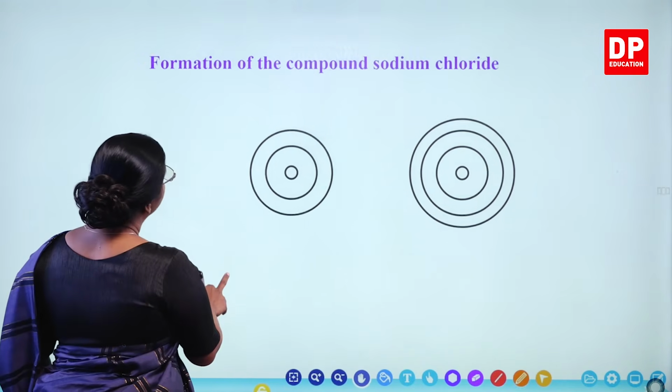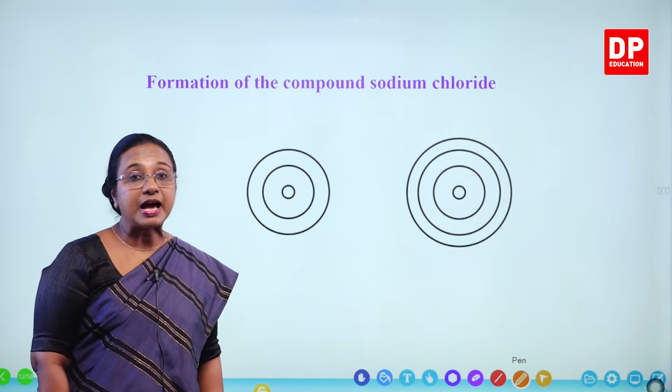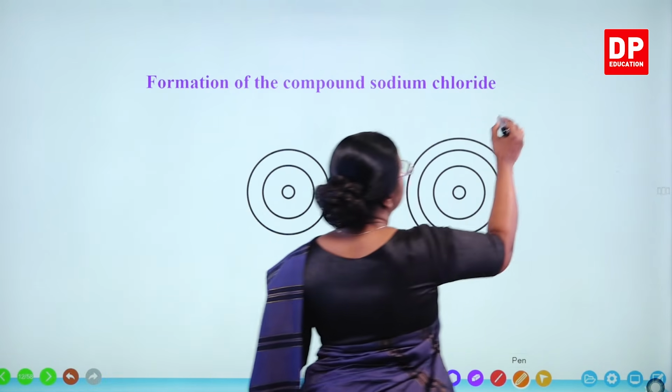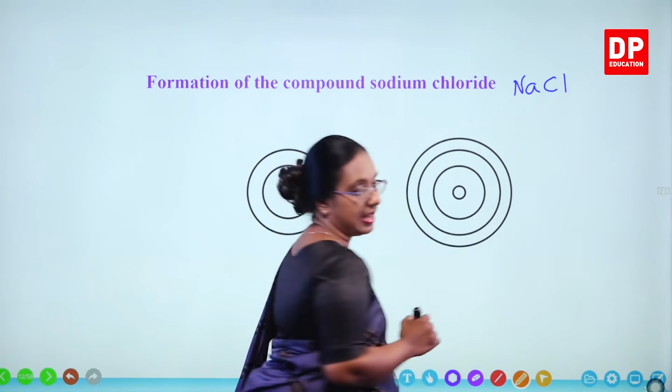Now as an example, we will take the formation of the compound sodium chloride. Sodium chloride is an ionic compound. If we write the chemical formula, it is NaCl.